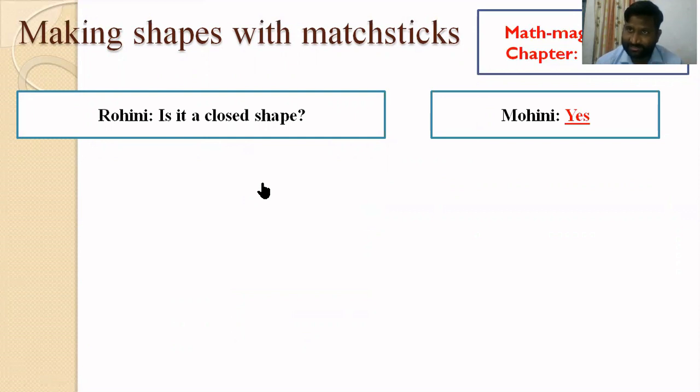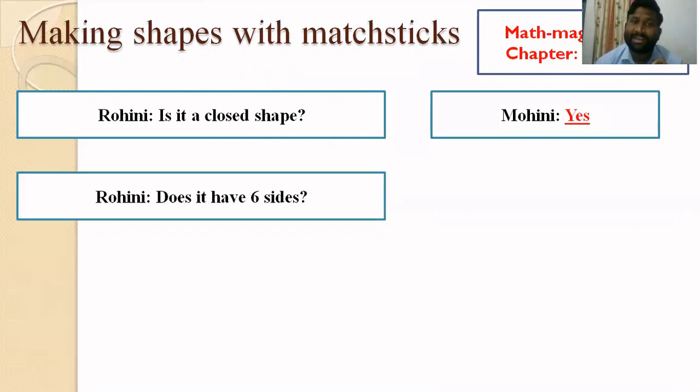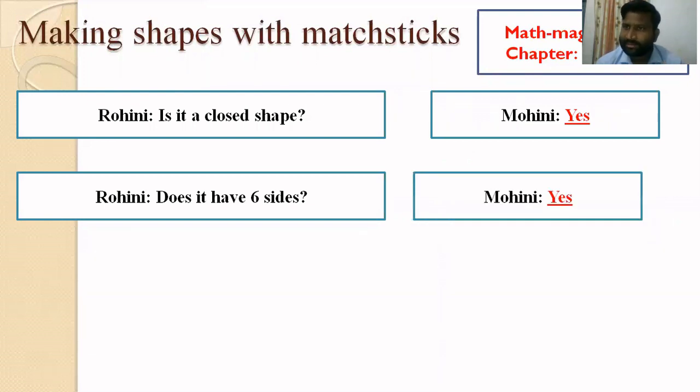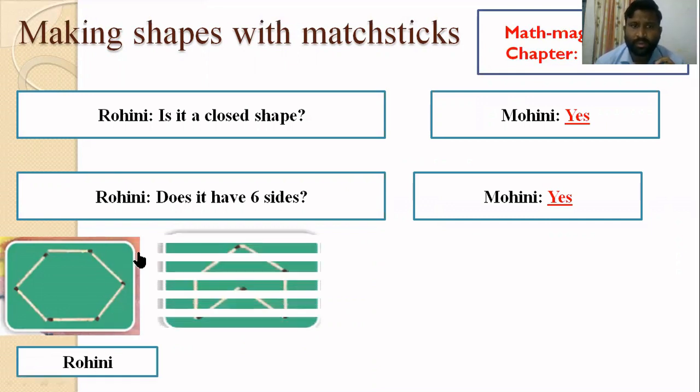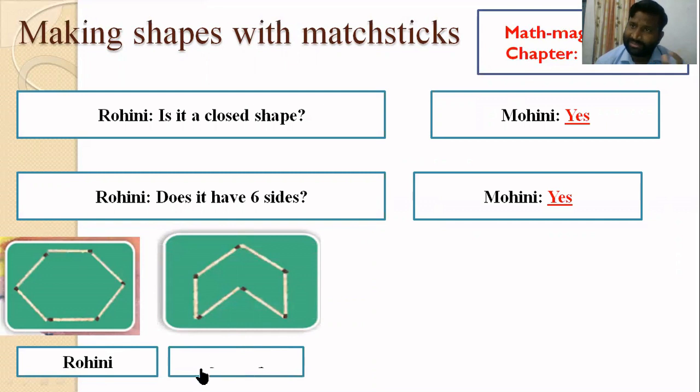Mohini says, yes, I have also made a closed shape. Rohini, does it have 6 sides? Mohini, yes, it has 6 sides. Look at this, Rohini's shape and Mohini's shape. Both are of 6 sides, but they are not similar.